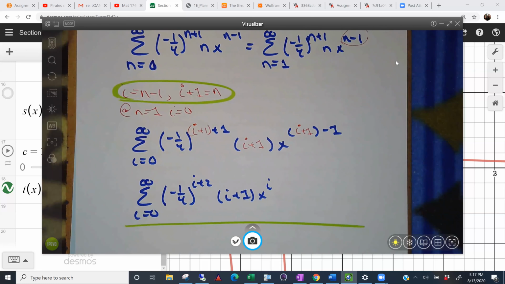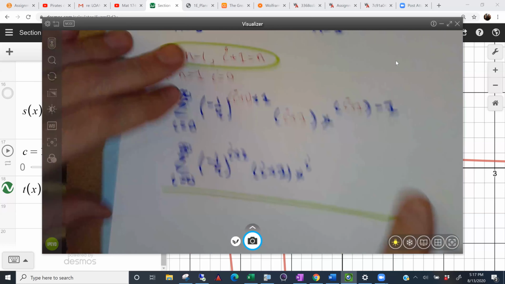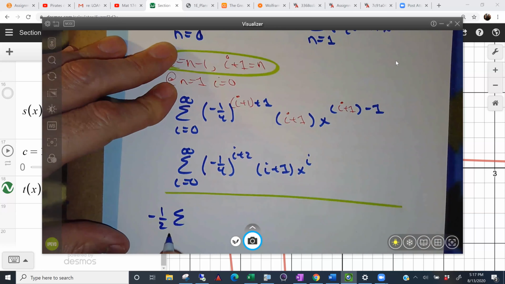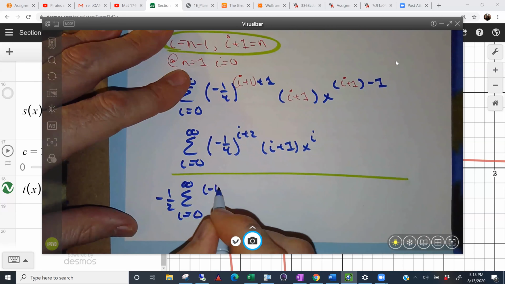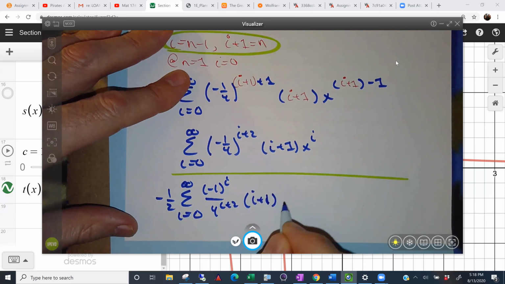And that would be negative 1/2 the summation from I equals, well, we'll start out with 0 to infinity of negative 1 to the I power over 4 to the I plus 2 power times I plus 1 times I times x to the I minus 1.